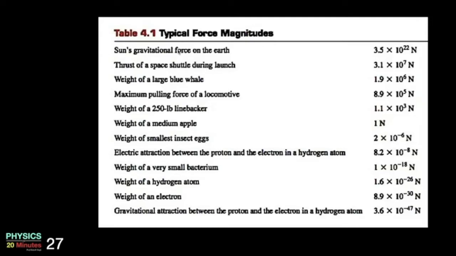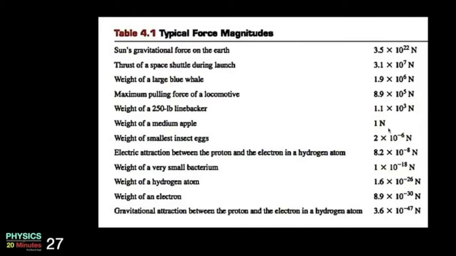But in this table, as you come down, the force decreases. The gravitational attraction between proton and electron in a hydrogen atom is 10 to the power minus 47 Newton. So forces can vary from a very large quantity to a very small magnitude.